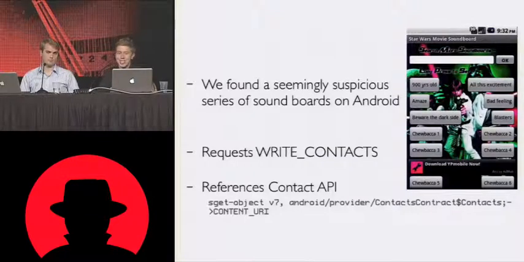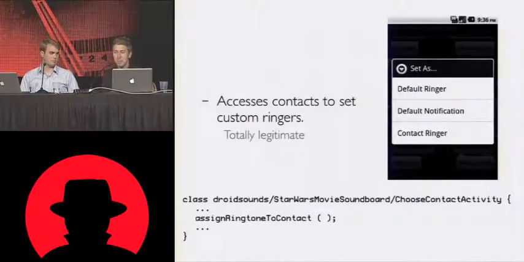So why is this Star Wars soundboard accessing my contacts, you might ask? Well, it turns out I didn't have to spend too long, and I found that you can actually set a custom ringtone from one of the Star Wars sounds. I've got a bad feeling about this whenever John calls me.